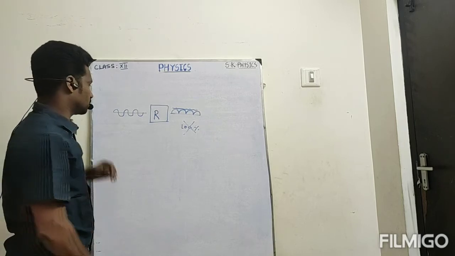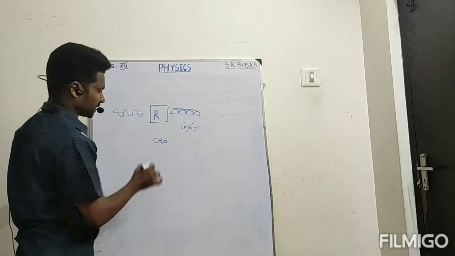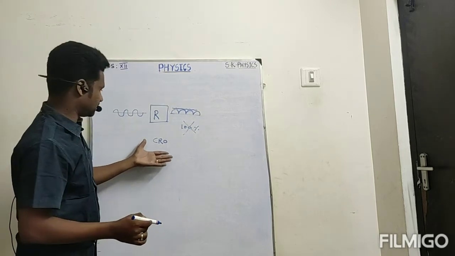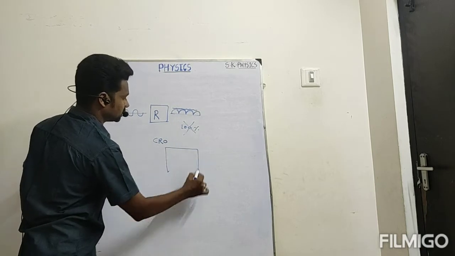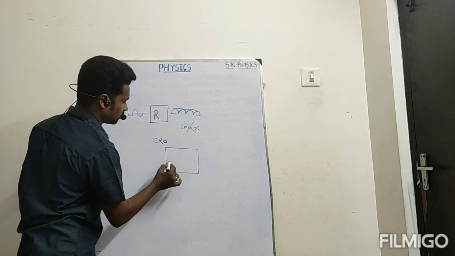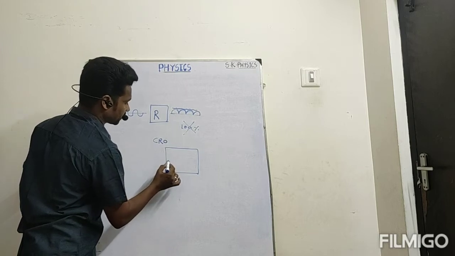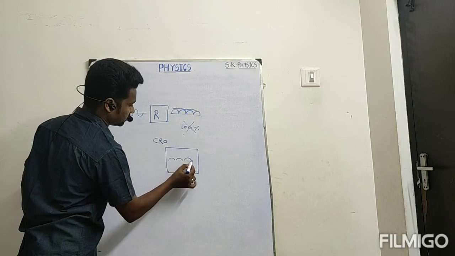So a CRO is there. For explanation purposes, I'll say cathode ray oscilloscope. If you observe through the CRO, actually the output we expected is like this, a DC output.